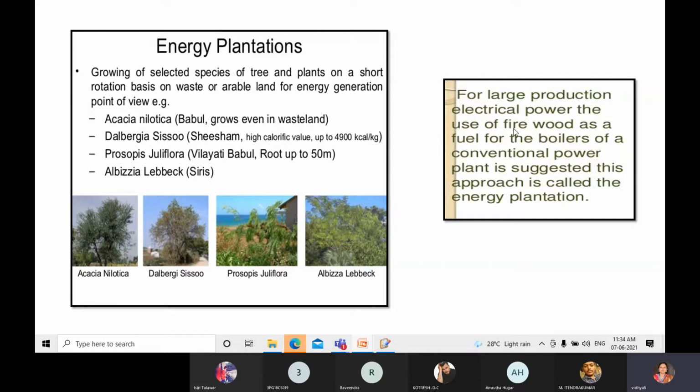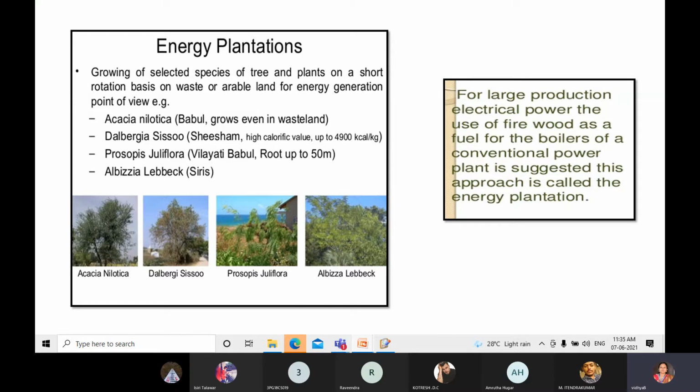What about the energy plantation? For large production of electrical power, the use of firewood as a fuel for the boilers of a conventional power plant is suggested. We use wood for energy generation in place of coal. What do you mean by plantation?